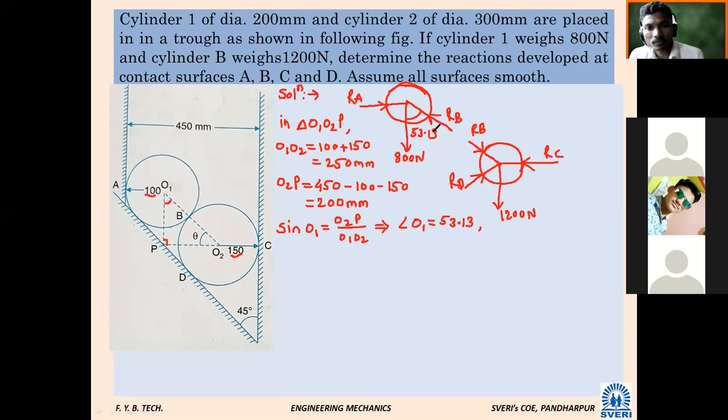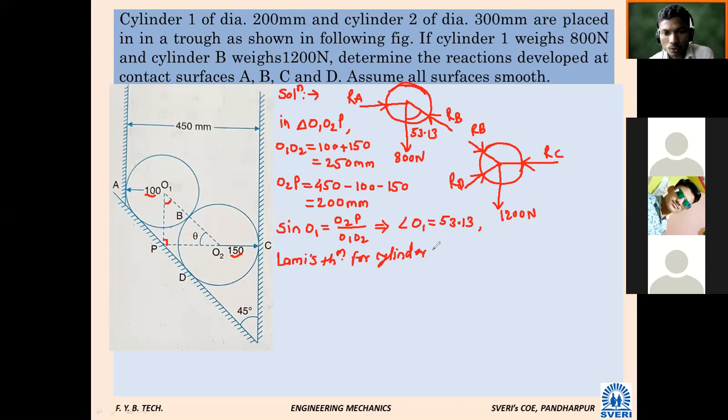Summation effect. Shall we apply Lami's theorem here, to find RA and RB? Yes, sir, we can apply. So tell me now, Lami's theorem for which cylinder?